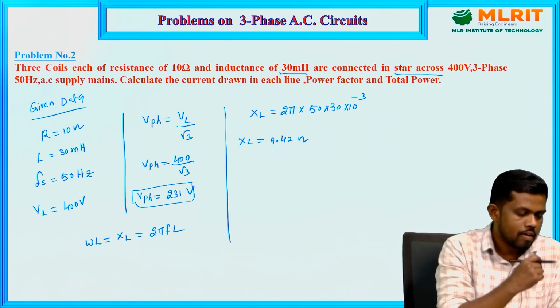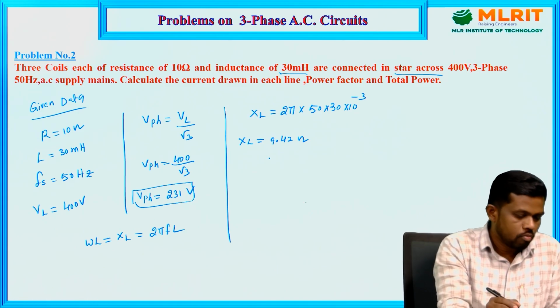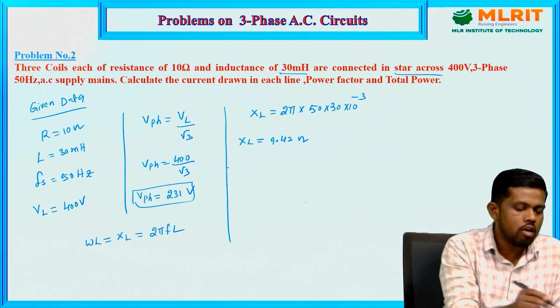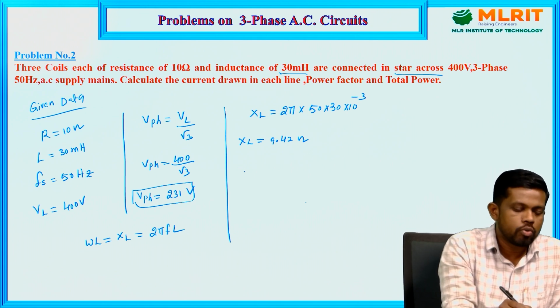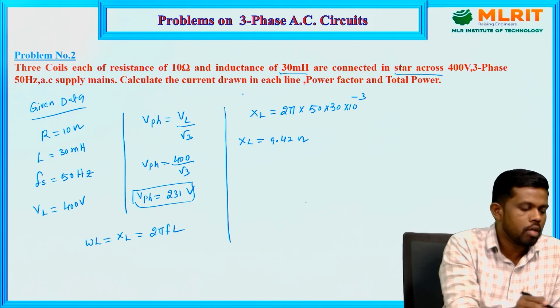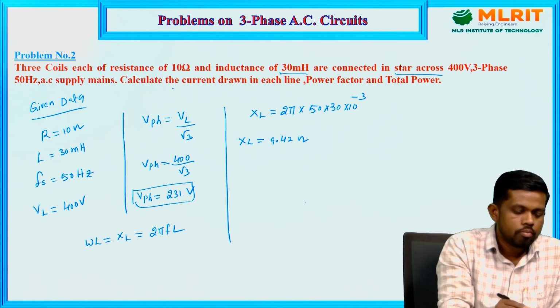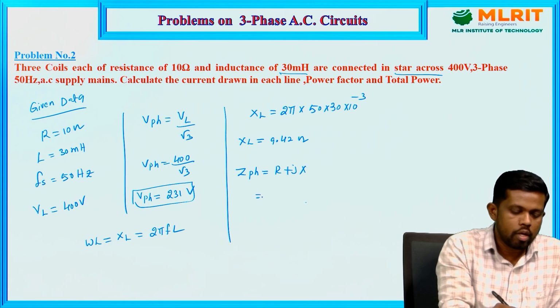Then after that we need to find the Z phase value, because we got R and XL. Based on this we need to find the impedance per phase value, because everything is given per phase only. Z phase equals R plus jX, so 10 plus j9.42.